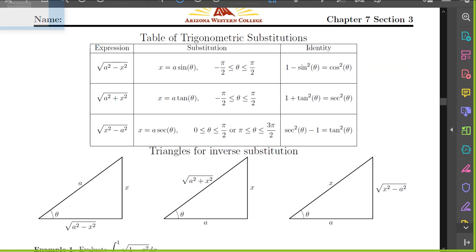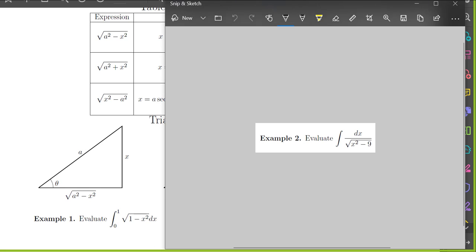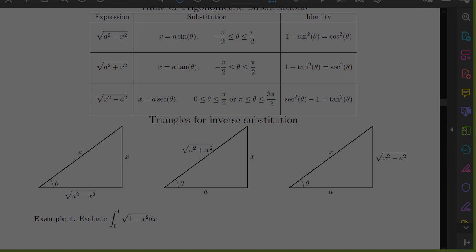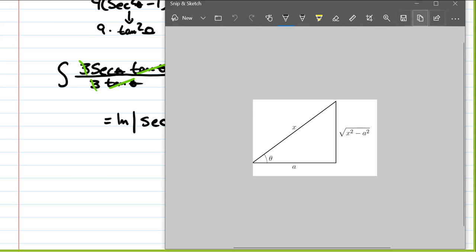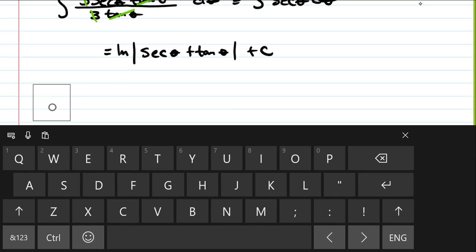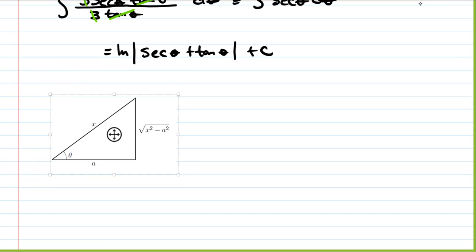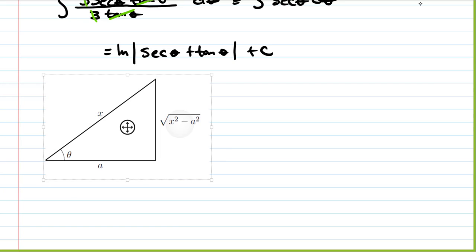So we go back to our triangle, and this time we're using triangle number 3 with our a value, as we decided above, of 3.